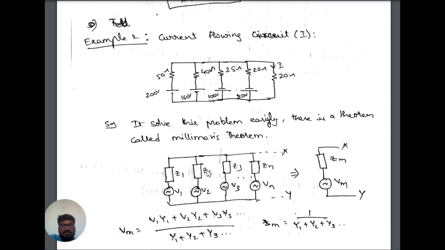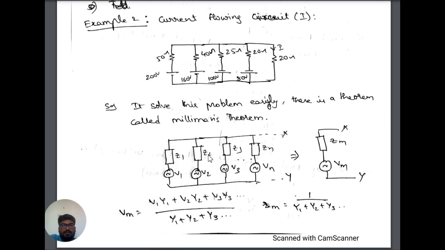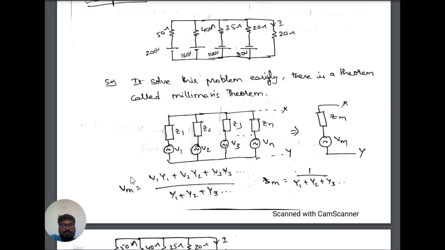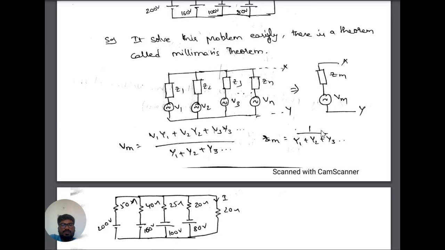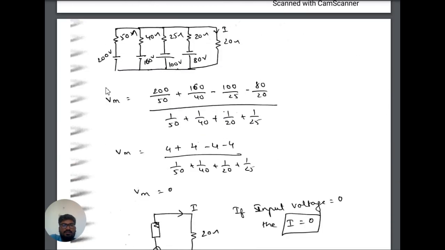In this circuit we need to find the output current. First, the overall Vm will be the sum of V times admittance, where admittance means the reciprocal of impedance. From this equation we can easily find the current.